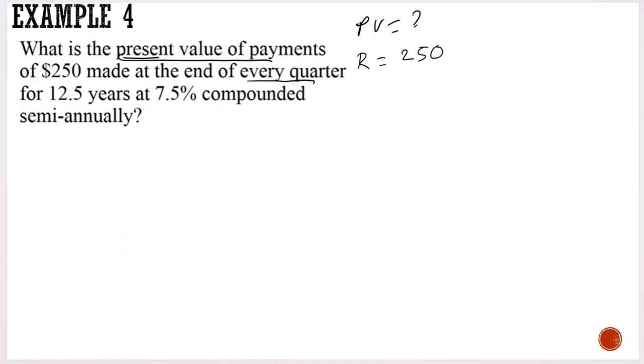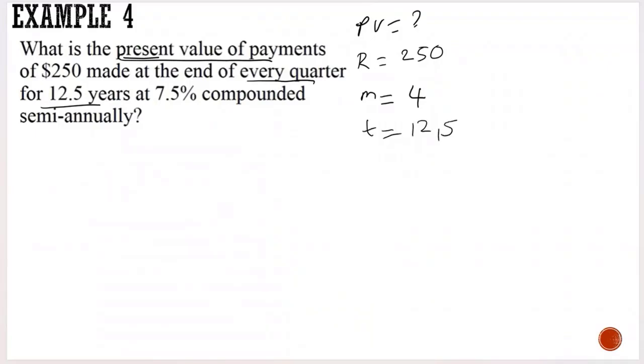So now your M here is equal to 4. Remember, when something is compounding quarterly, your compounding periods is 4. Your T is 12.5 years.